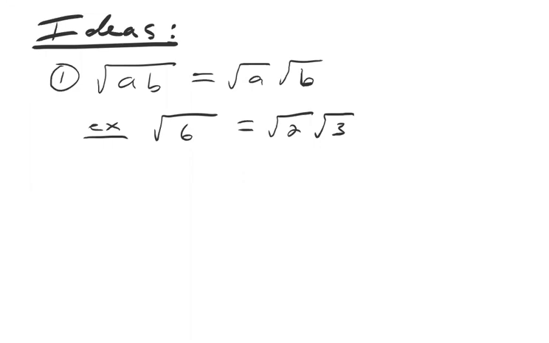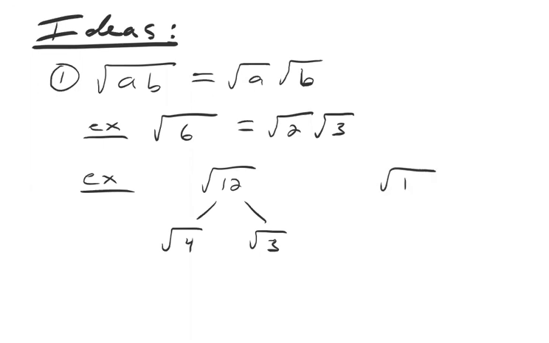If you think about it another way, I could make kind of like a factor tree. So if I had the square root of 12, I could divide that up as the square root of 4 times the square root of 3 if I wanted to. Or I could divide it up as the square root of 2 times the square root of 6 if I want to. Either way, those are both legal. So that's what this first rule says.